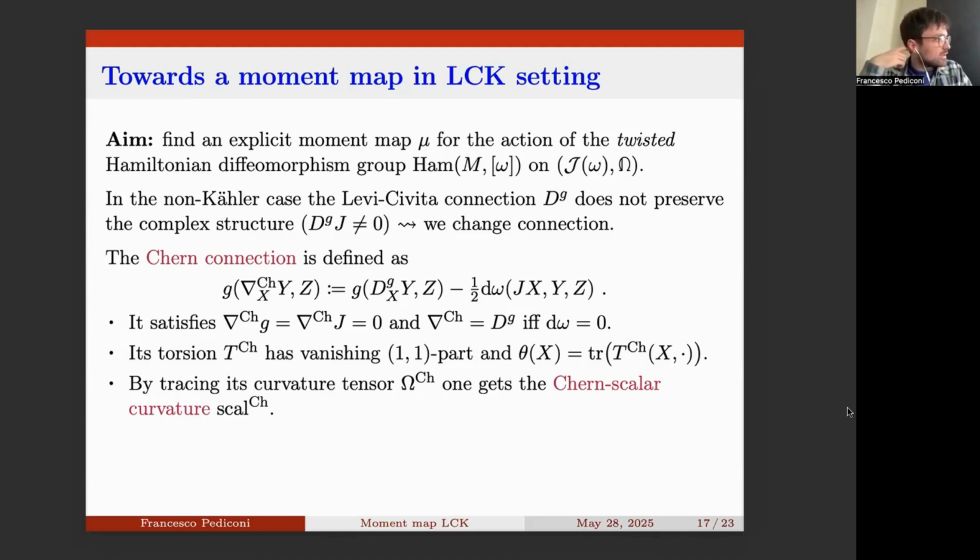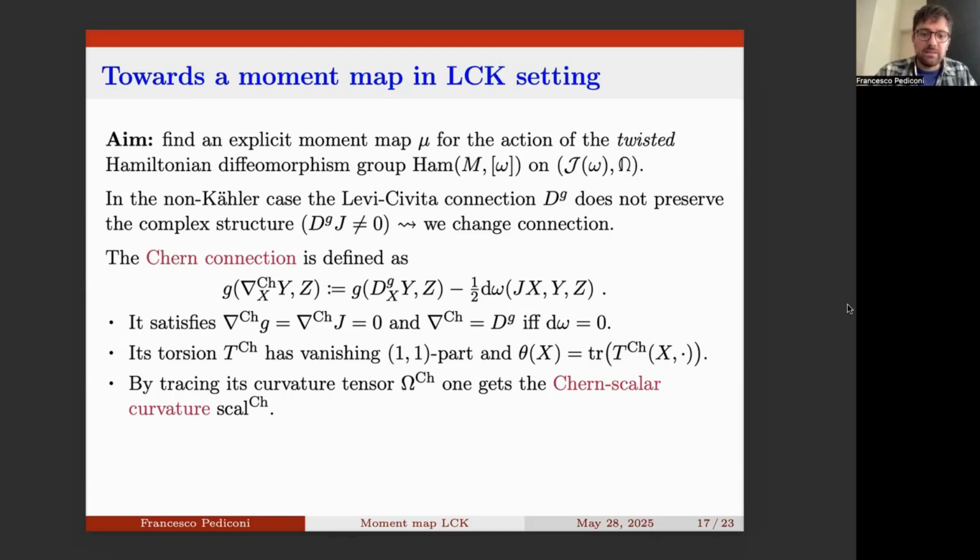This connection is characterized by the fact that its torsion has vanishing (1,1) part, and it is related to the Lee form of the manifold, because the Lee form theta that we saw before is nothing but the trace of this Chern connection. And this equality justifies the choice of putting 1 over n minus 1 in front of the equation of lcK at the beginning, because we want to normalize theta to be precisely the trace of the Chern connection.